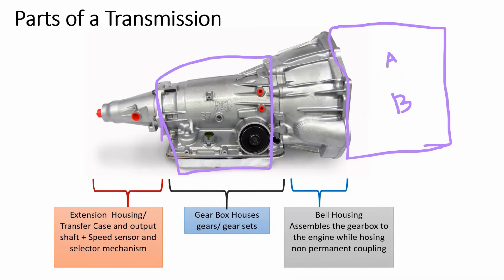So assume that this particular gearbox is to be used in an all-wheel drive or four-wheel drive layout. Four-wheel drive means, in order to select front wheels and rear wheels, or 4-wheel drive or rear wheel drive, in addition to the gears, we need a component called a transfer case.